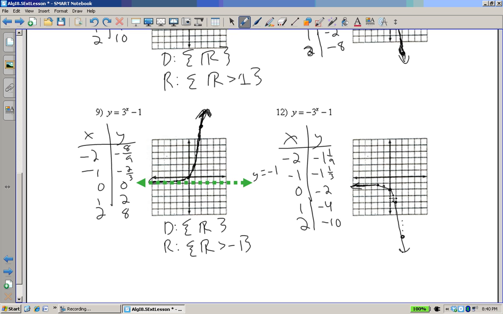You can see a little corner there on my graph. I really shouldn't have a corner. It should be a smooth curve. And so there we have our asymptote at y equals -1. And our domain is going to be, again, all real numbers. And the range is going to be all real numbers less than -1.